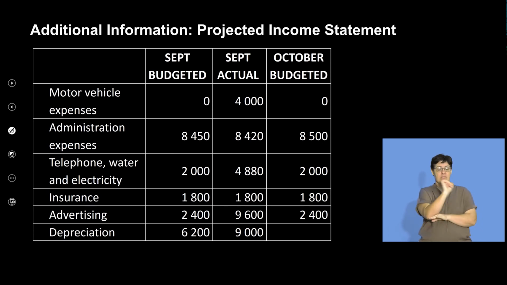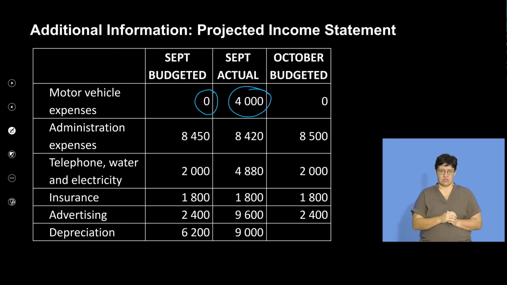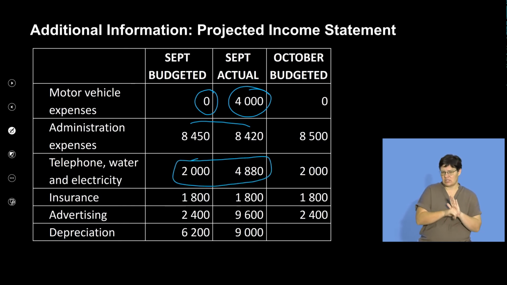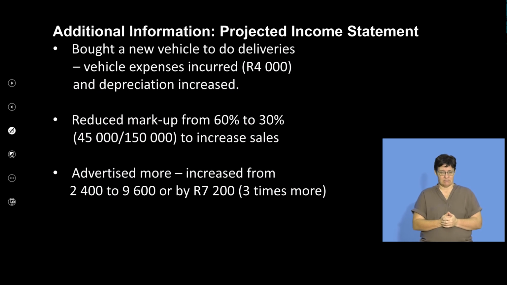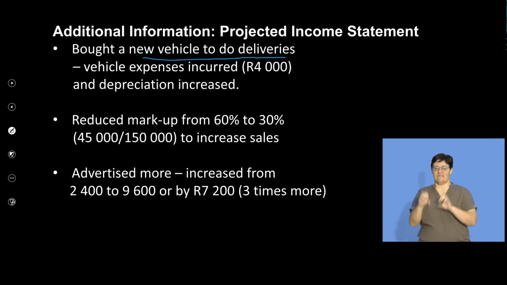There's your motor vehicle expenses. You'll notice that we had nothing, and then obviously there was 4,000. Admin expenses, look at the difference between the two. Look, telephone, we've discussed that one already. Insurance, advertising, depreciation, we've discussed. So clearly you can see here that we bought a new vehicle to do deliveries, right?